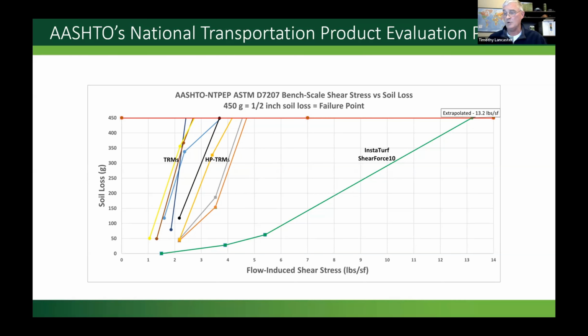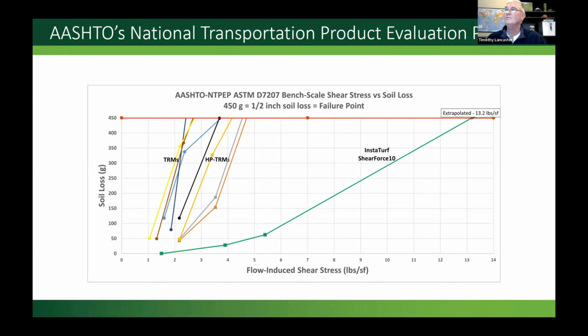And they don't just do it for erosion products. It's basically all transportation related products, from signs to pavement to you name it, pipe. But through the NetPEP program, we had the product tested.